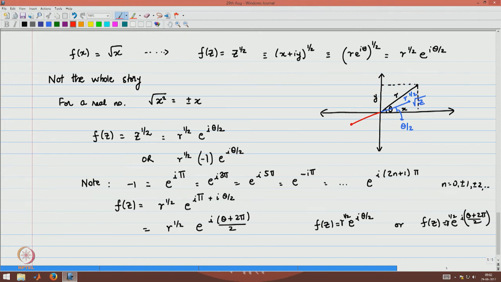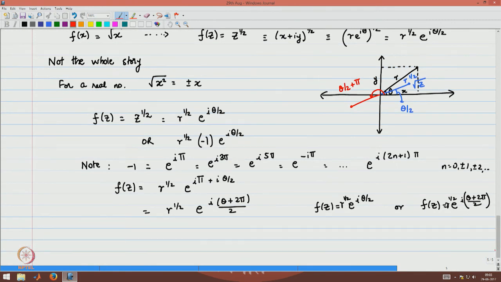So, in other words, you have the same r, but theta is increased by an angle, so it is theta by 2 plus pi. So basically when you take a square root, you can have two possibilities, either this possibility or this possibility.